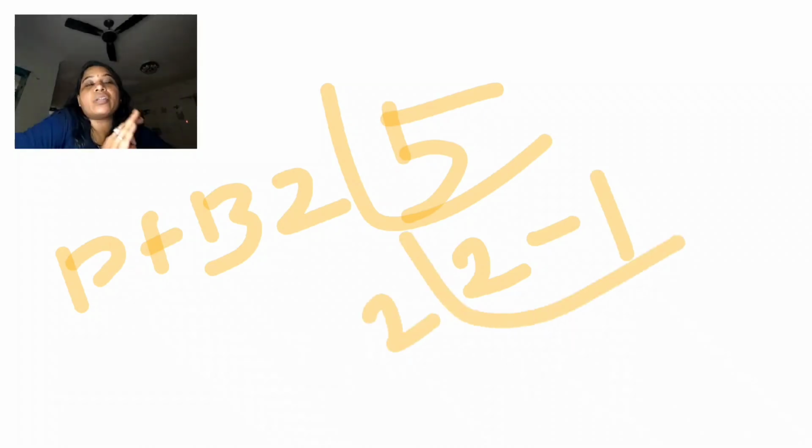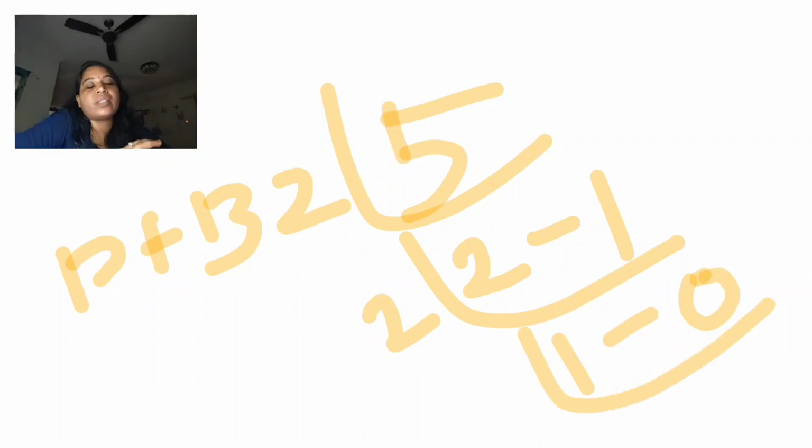Again we divide by 2, 1 2s are 2, there is no remainder, so I put 0. The answer is written from bottom to top. So the answer is 101.